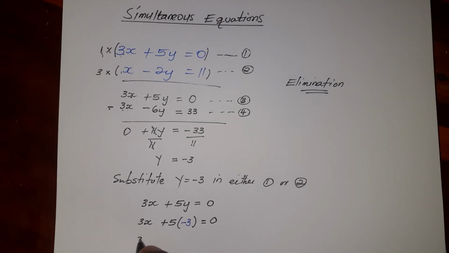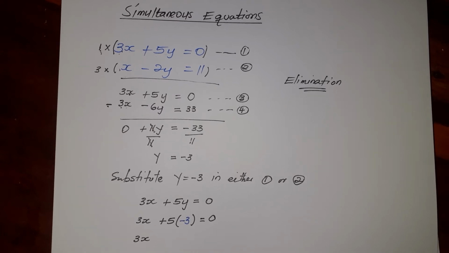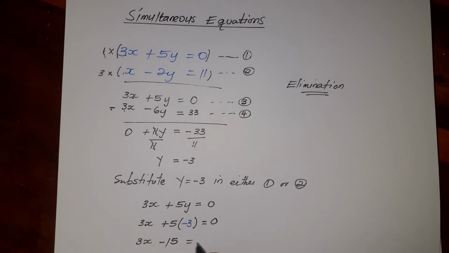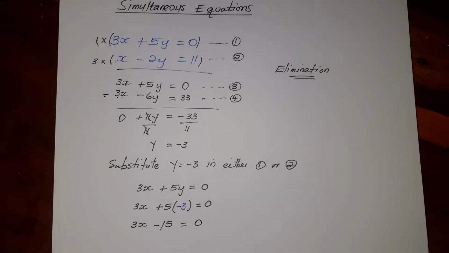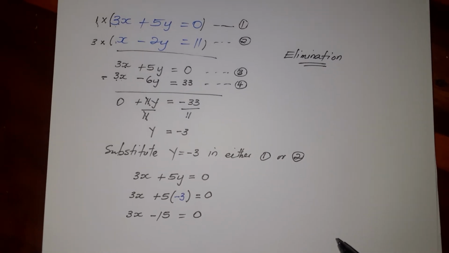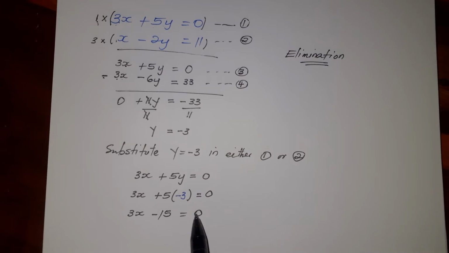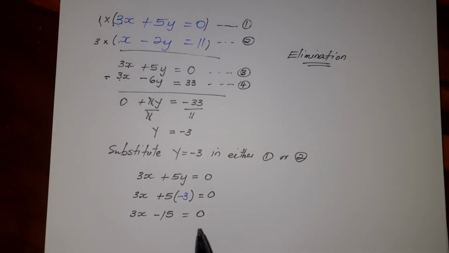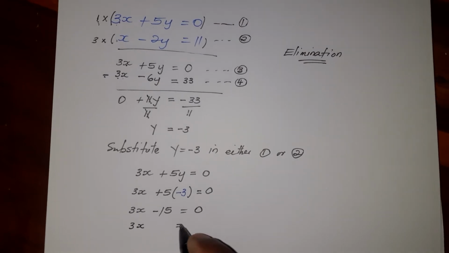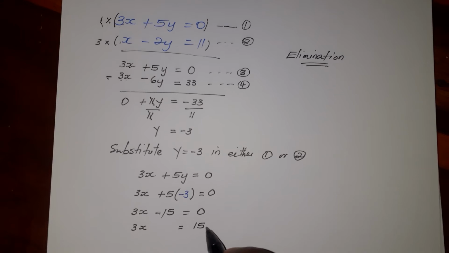Now this side I still have 3x. Positive 5 times negative 3, we get negative 15, equal to 0. What we can now do here is move this negative 15 to the other side. Then this side will be left with 3x, while this side we have positive 15. This side is negative; when it comes to this side, it becomes positive.